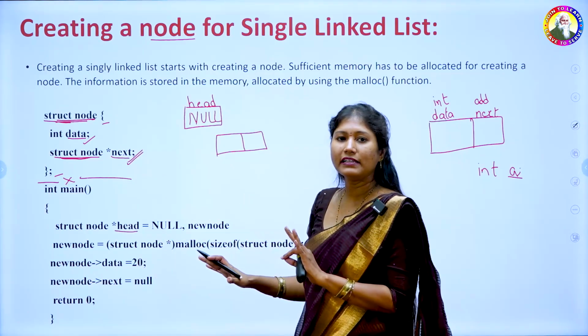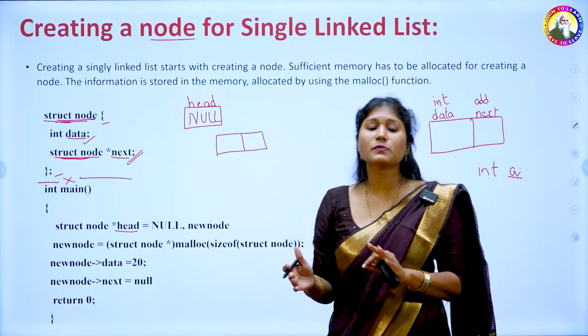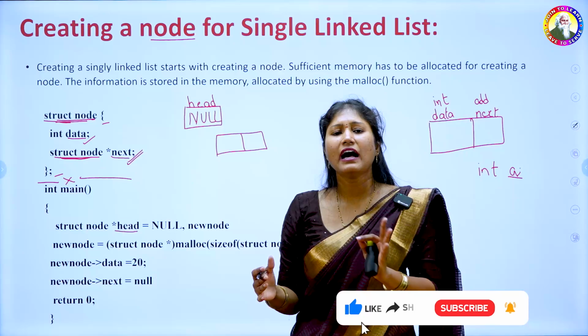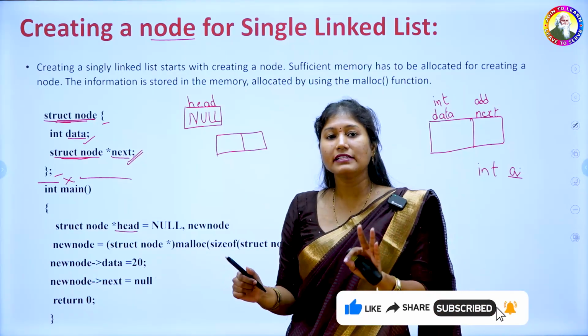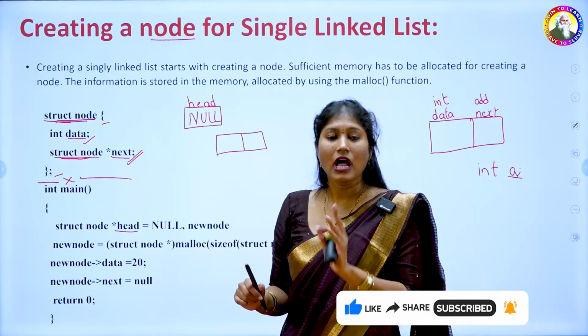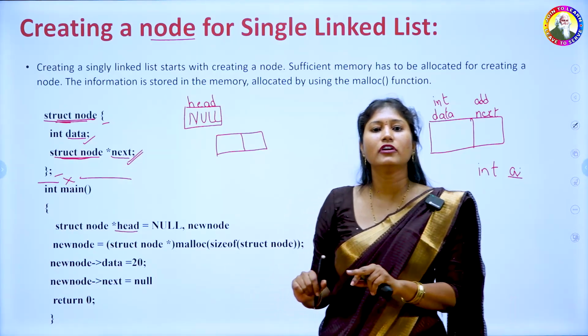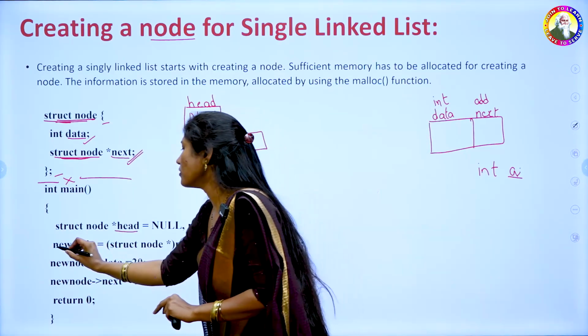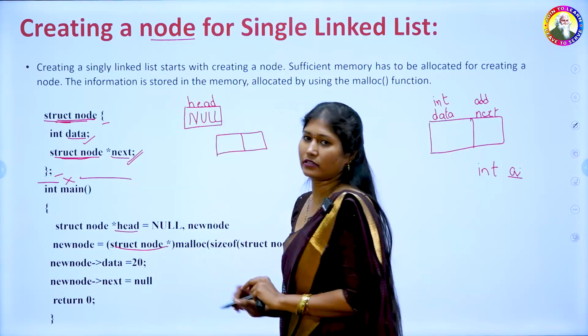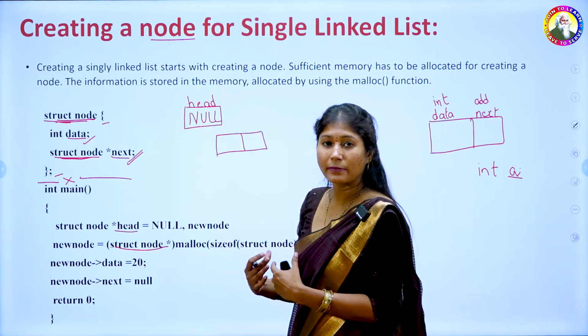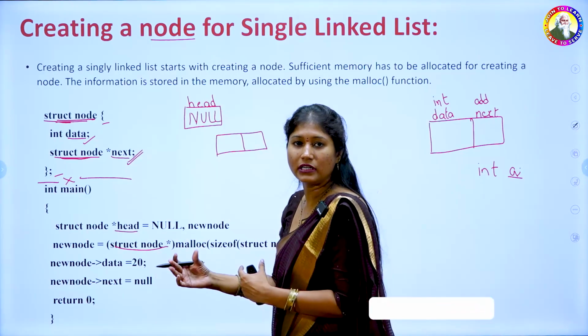Now in the linked list, we have already seen the difference between the array and the linked list. Array is a static memory allocation, but when it comes to the linked list, it is a dynamic memory allocation. How will the memory be allocated to a node? If you observe, new node equal to struct node pointer. I need to specify the prototype here: struct node pointer.